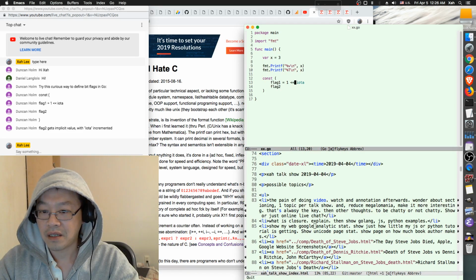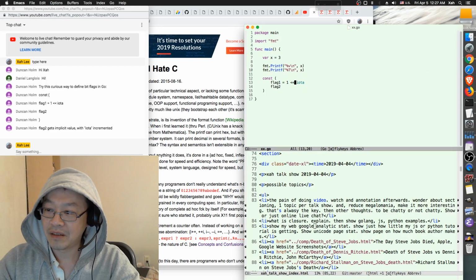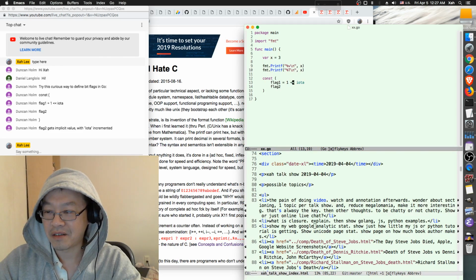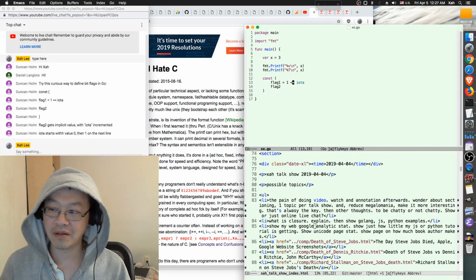Okay, Duncan says flag 2 gets an implicit value. Yeah, I don't think bitmask is a good thing at all, and I don't like any language that has these bit operations, unless the language is designed to be low level.